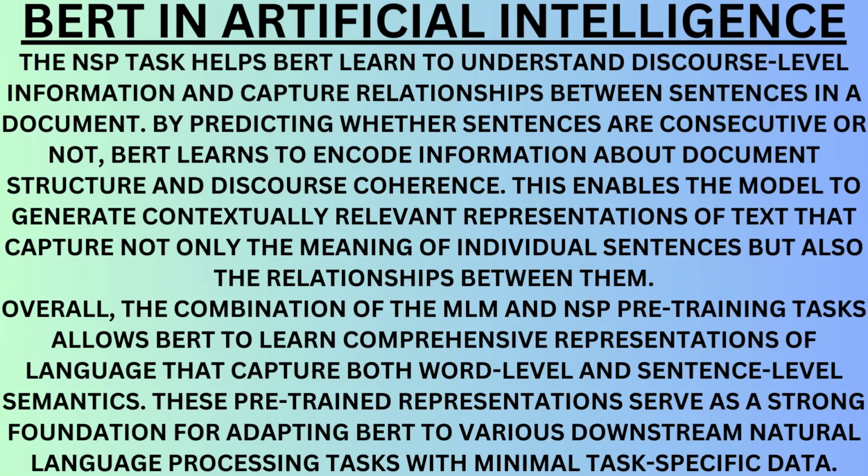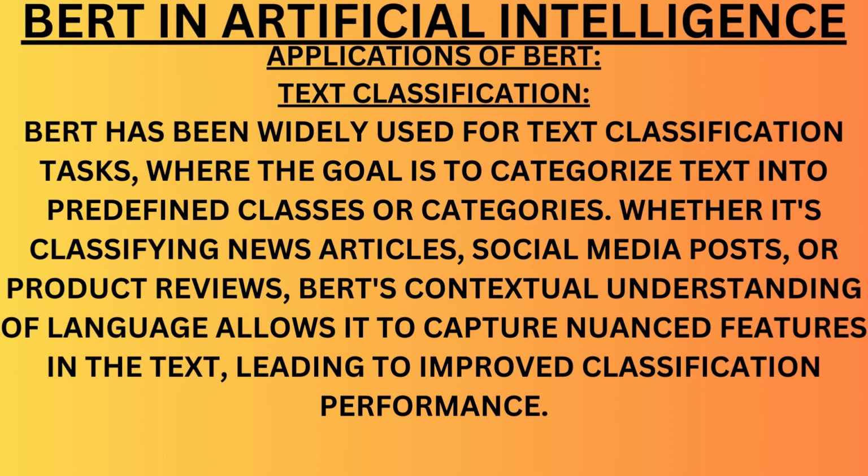Overall, the combination of the MLM and NSP pre-training tasks allows BERT to learn comprehensive representations of language that capture both word level and sentence level semantics. These pre-trained representations serve as a strong foundation for adapting BERT to various downstream natural language processing tasks with minimal task specific data. Applications of BERT.